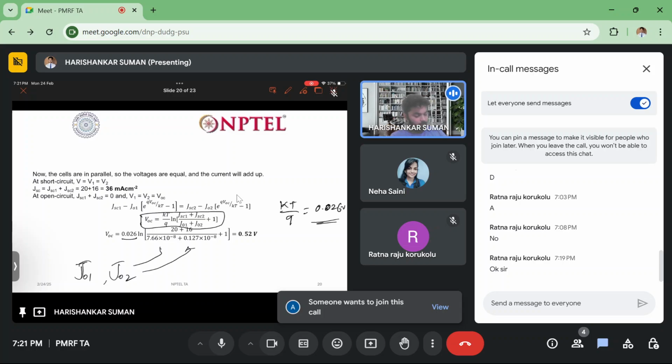Put these values, solve this equation, you will get 0.52 volt. Okay, so this is the parallel condition and also for solar cell condition, we know. Then you will be able to solve this question. Okay, any doubt?